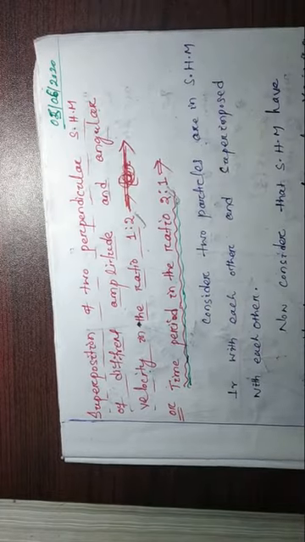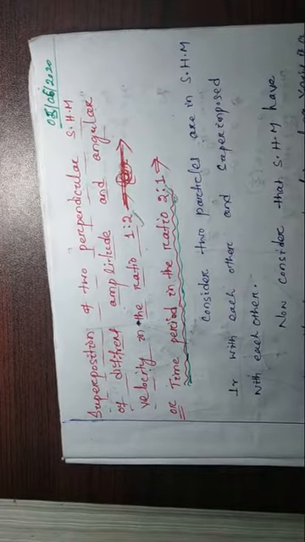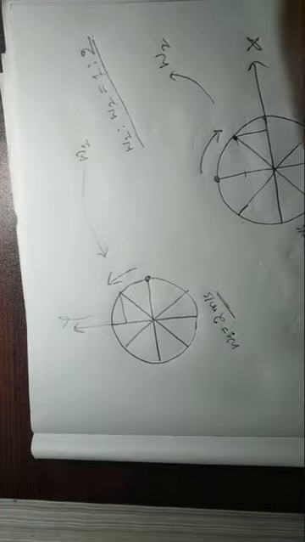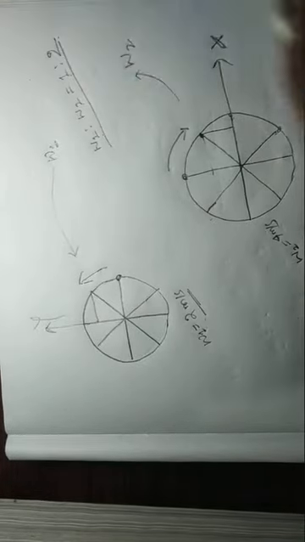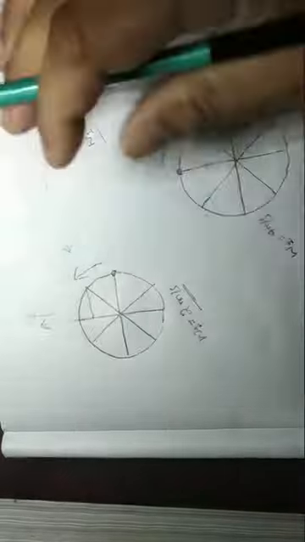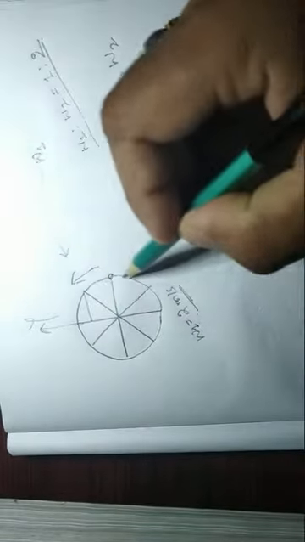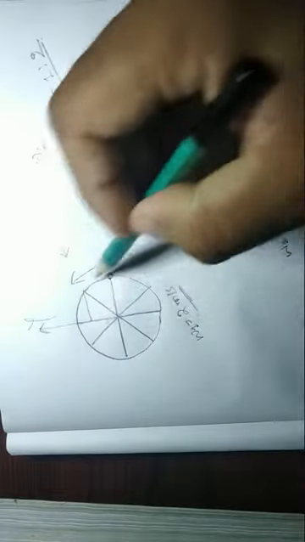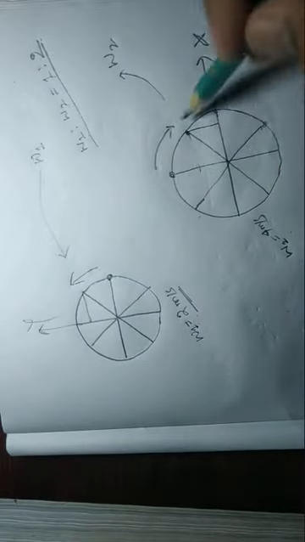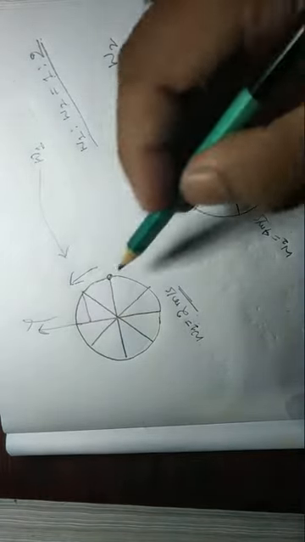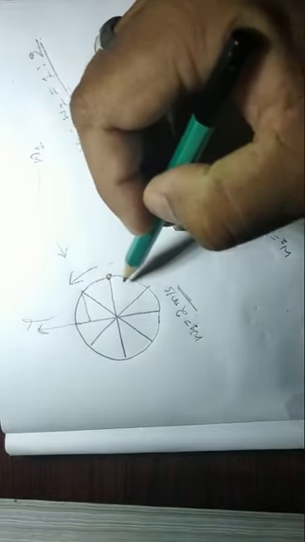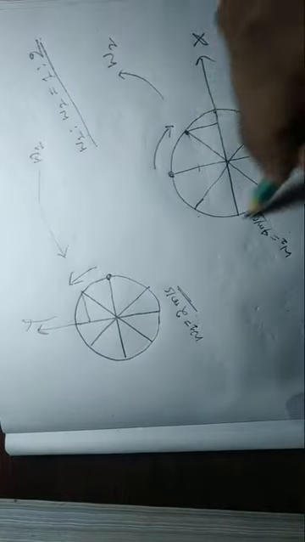Fundamentally, if we observe the motion, as this angular velocity is slower than the other angular velocity, this particle is moving slower as compared with that particle.